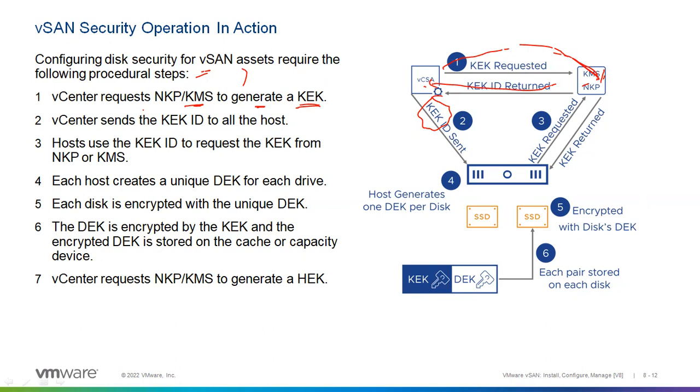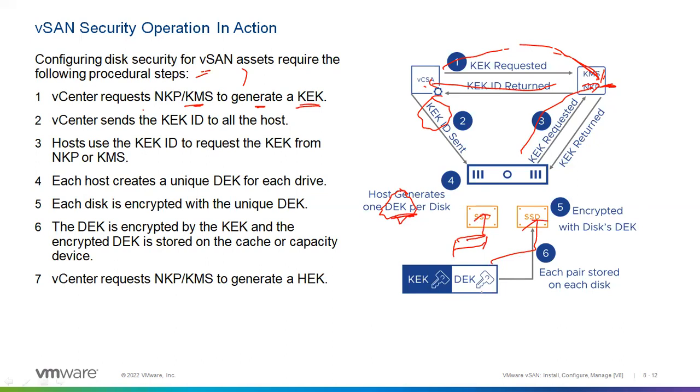The KEK provider is again my KMS server or NKP. Then my host requests the KEK provider and gets the disk encryption key, and this disk encryption key is generated separately for each disk, like one DEK for this disk, another DEK for another disk.